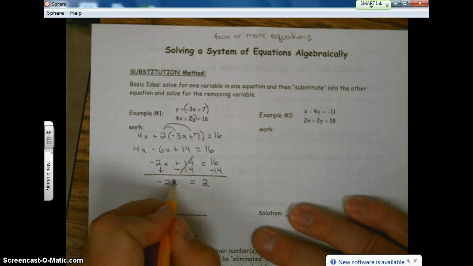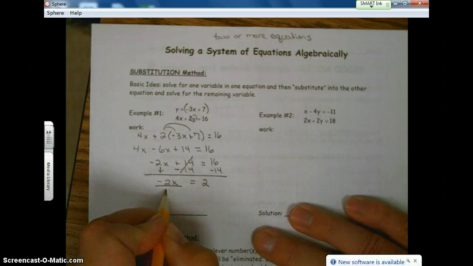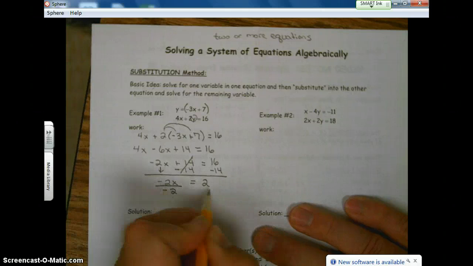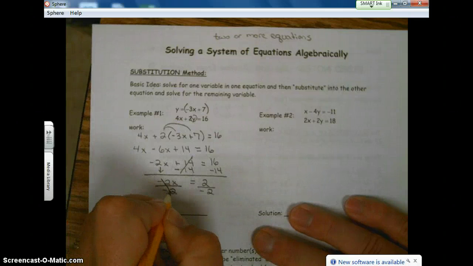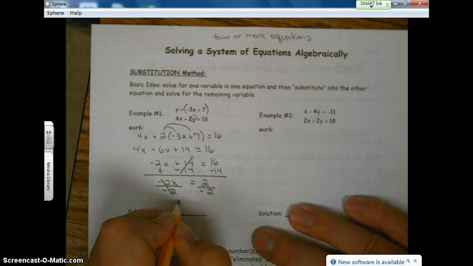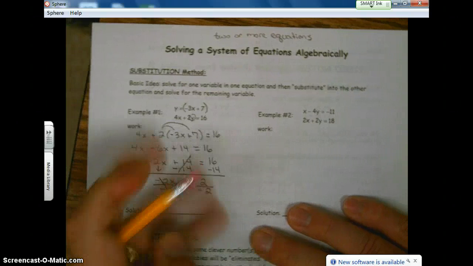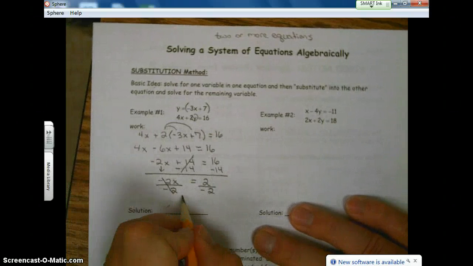Now this is multiplication. Negative 2 times x, so we undo times with division. This number always stays the same. So negative 2 divided by negative 2 is 1. So we have 1x.